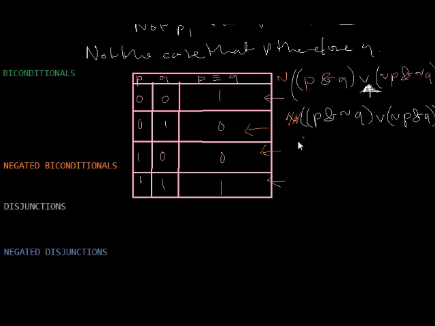I don't remember the symbol for an exclusive or, but let's just say it's this. And we could say not P or not Q, but not both. So it has to be the case that one of them is false, but it cannot be the case that both of them are false.